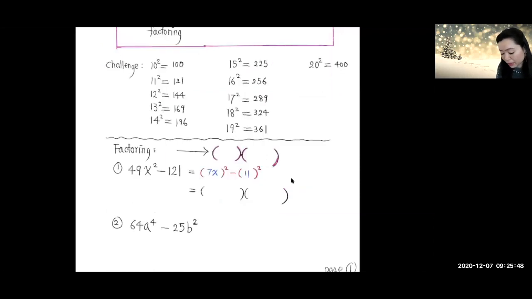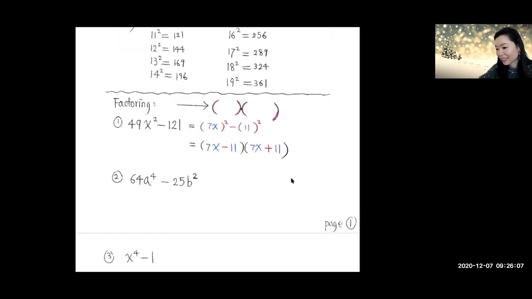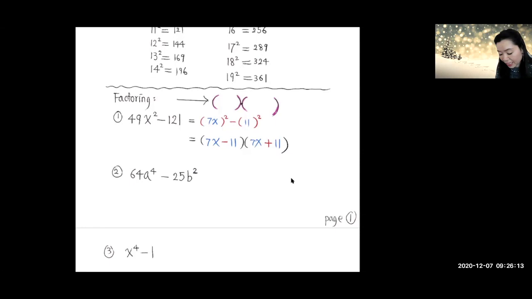So we can factor this into 7x subtracting 11 times 7x adding 11. So a difference of two squares can be factored this way. Okay, now we've done this factoring. What about the next one?